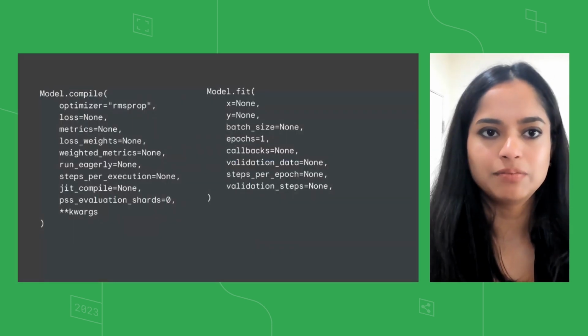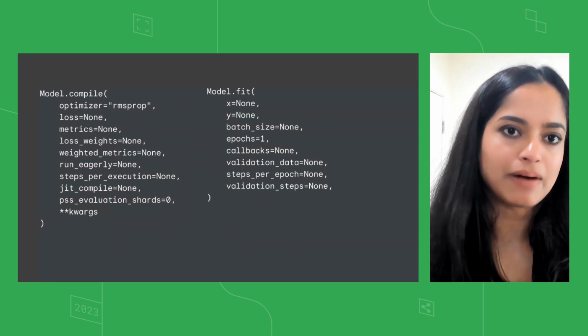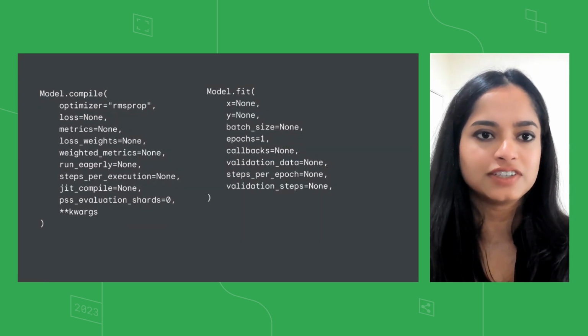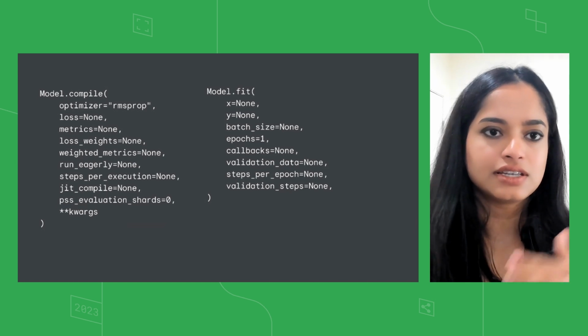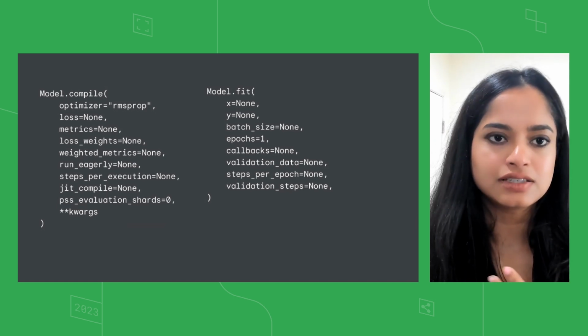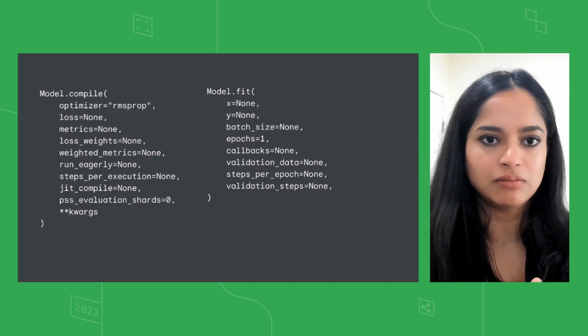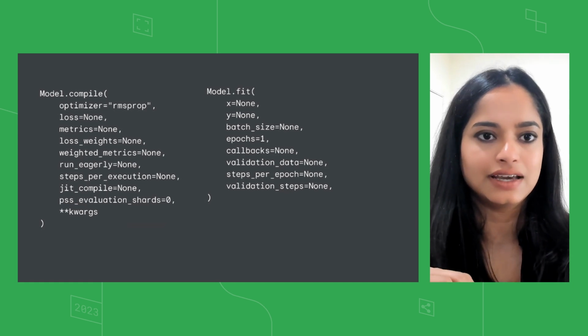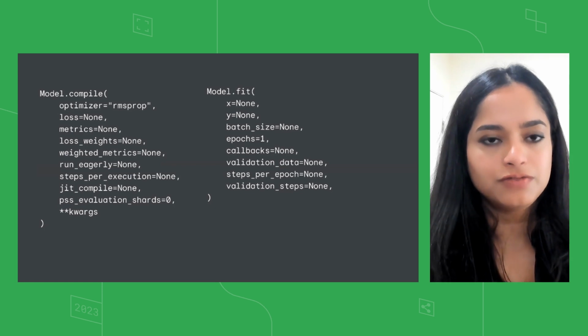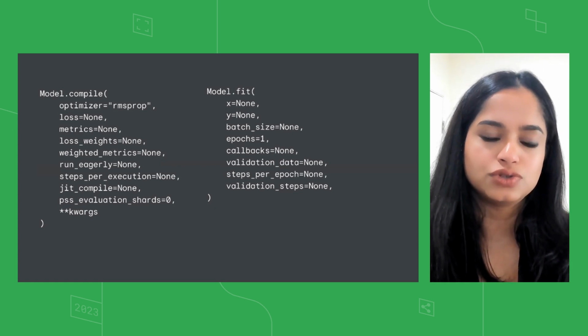So the training entry point is the model.compile method. It is used to configure the training process. So this includes specifying the optimizers, losses, metrics, training mode to use, do you want to use XLA or not, etc. And the model.fit method is the primary method used to train the Keras model.